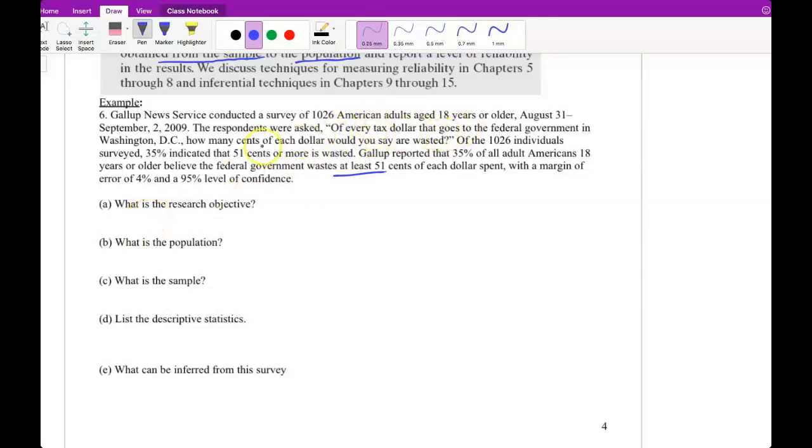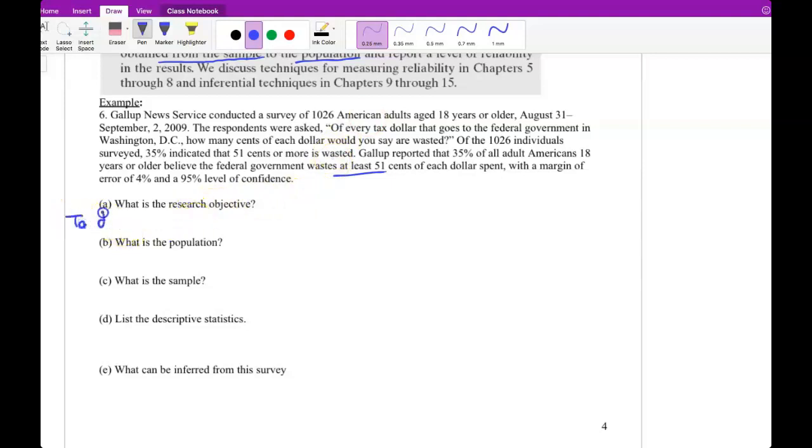Okay. Objective is to determine the number of American adults who believe the federal government wastes 51 cents or more of every dollar. Okay, we want to find that.